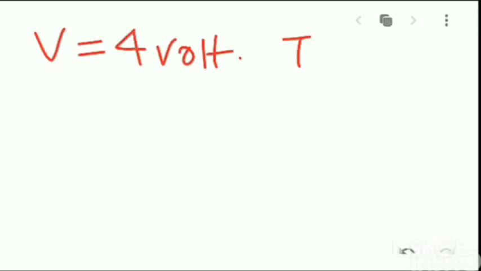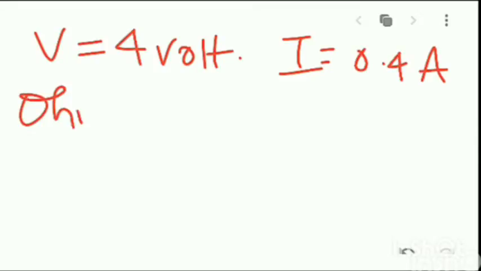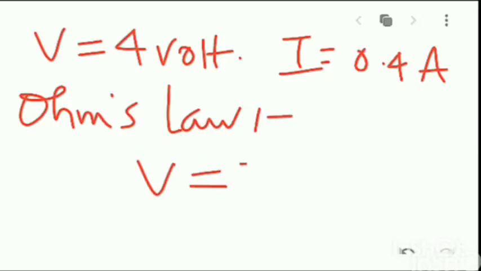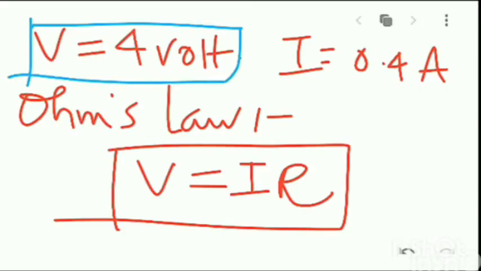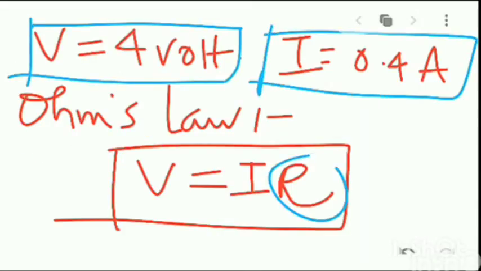The voltage is 4 volt. That's the potential difference. Current is 0.4 ampere. We all know Ohm's law, which suggests a very simple thing: V equals IR. Hence, if I know the value of V and the value of I, I can easily calculate R. What should be the formula of R?